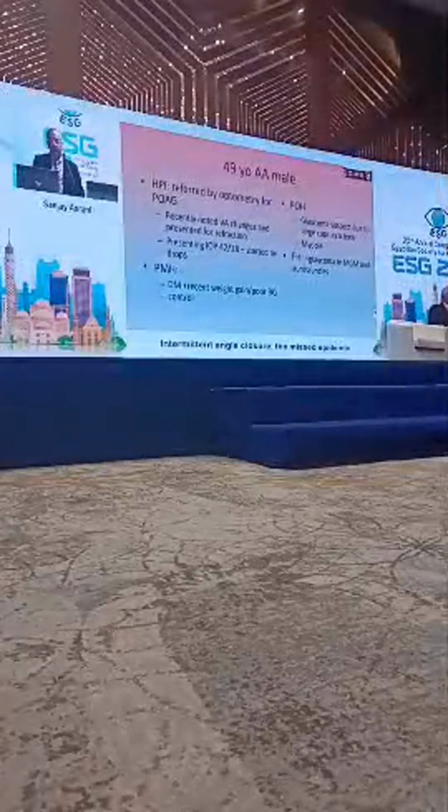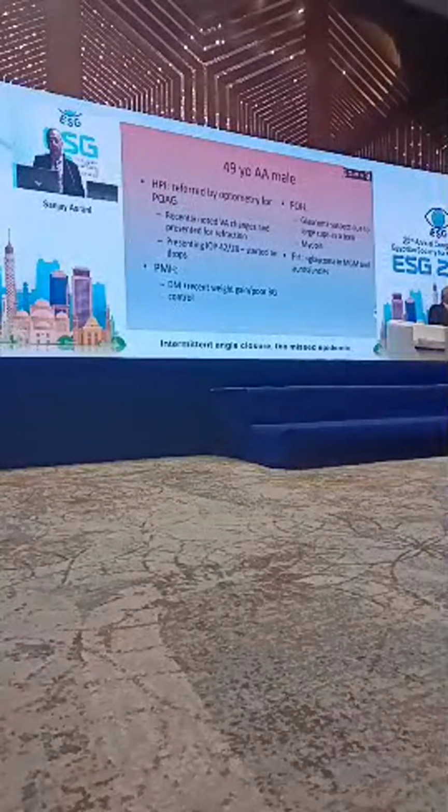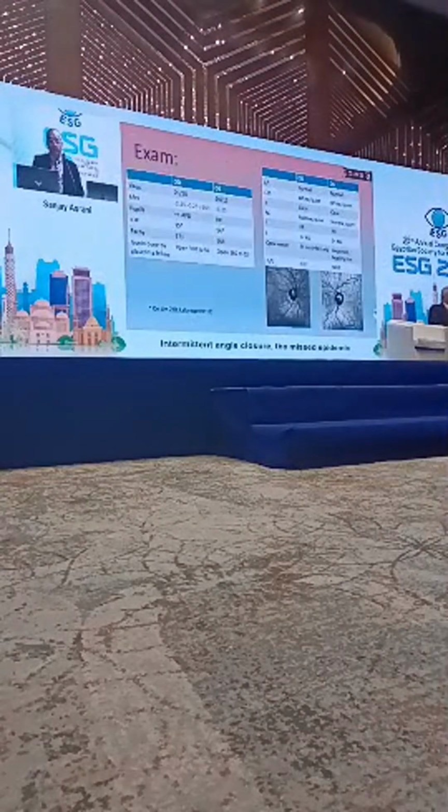So this is a 49-year-old African-American male who is referred for a pressure of 42 in one eye and 28 in the other eye. He is a diabetic, with recent weight gain. He's been diagnosed as a glaucoma suspect for many years because of large cups and myopia, with minus 2.25 and minus 1.25.